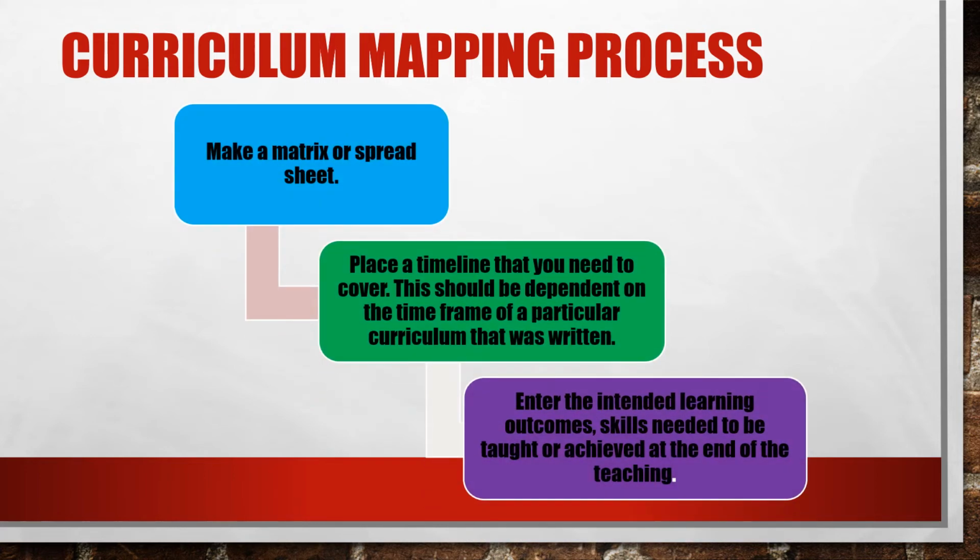First, make a matrix or spreadsheet. Place a timeline that you need to cover. This should be dependent on the time frame of a particular curriculum that was written. Enter the intended learning outcomes, skills needed to be taught or achieved at the end of teaching.